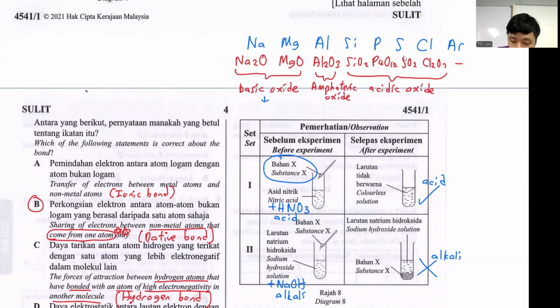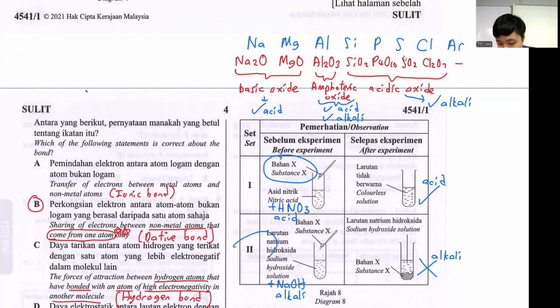Basic oxide has alkaline property, and can only dissolve in acid. Acidic oxide can only dissolve in alkaline. Amphoteric means it dissolves in both acid and alkaline.